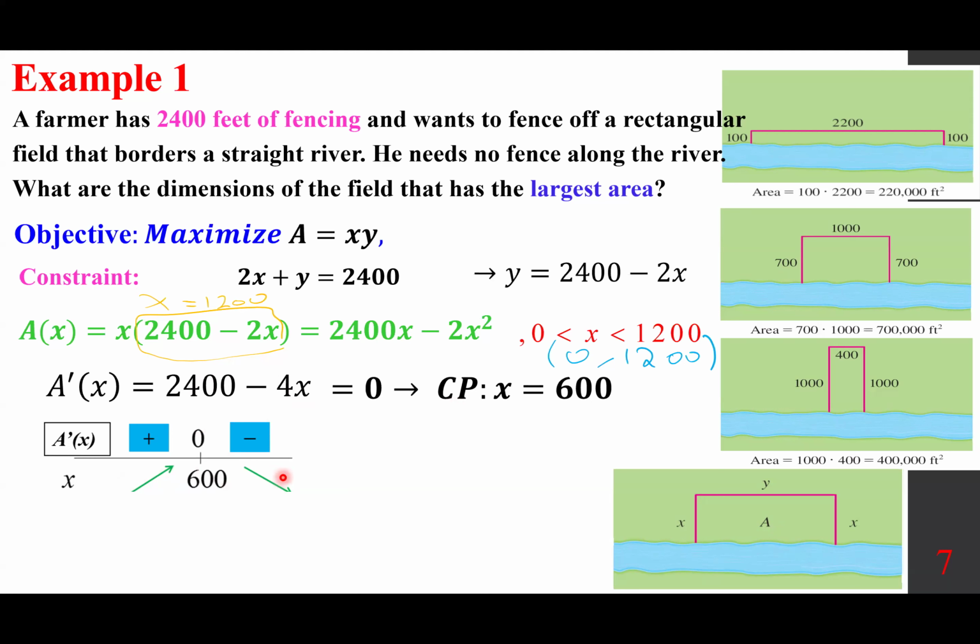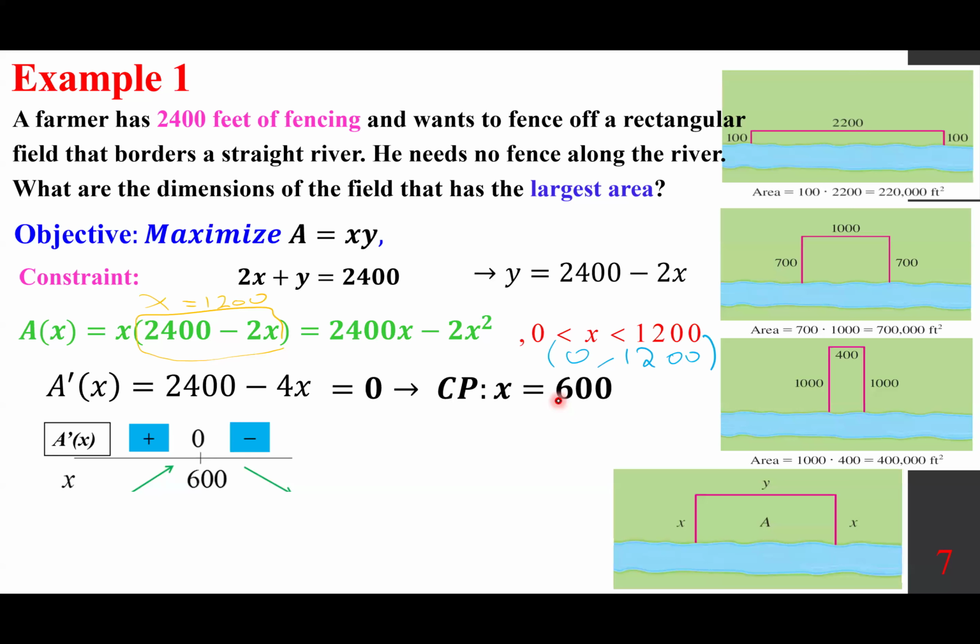To the right, let's say 700, becomes negative. Positive means increasing, arrow up. Negative means decreasing, arrow down. So 600 is the location of a local max. However, because it's an open interval with one critical point, it becomes an absolute max.